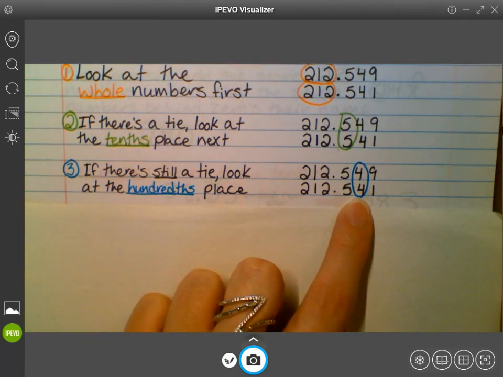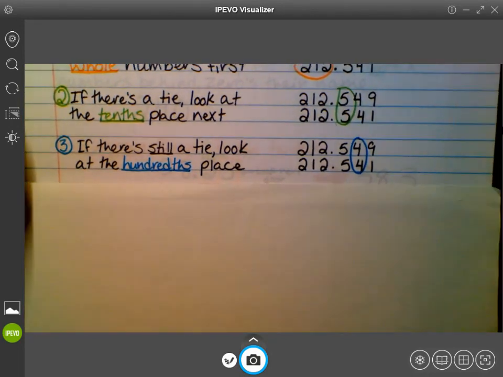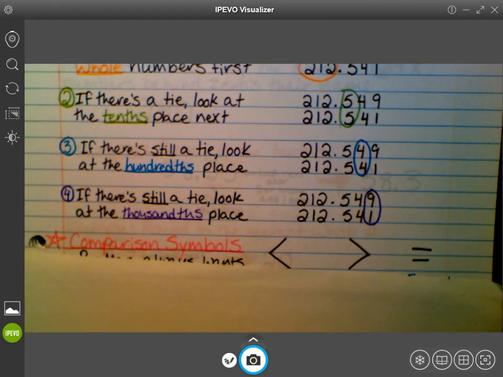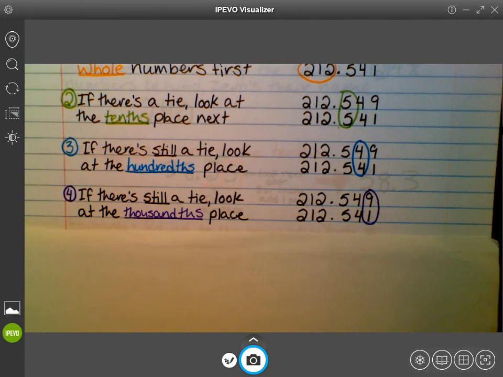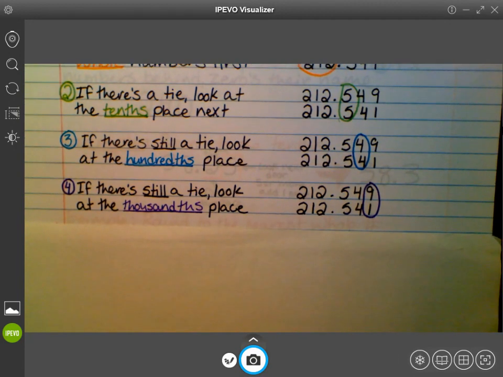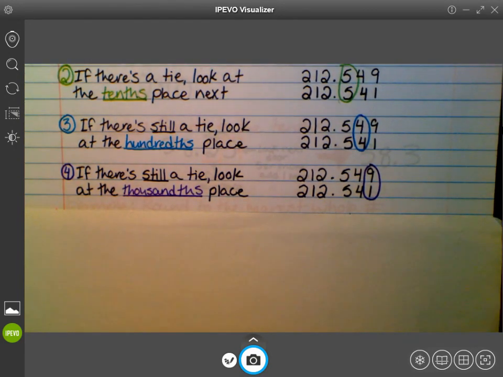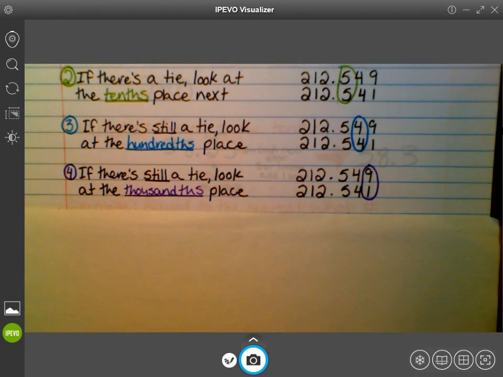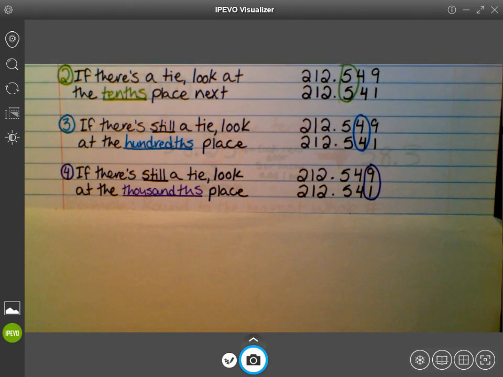So then we move on to our fourth and final step, which is if there's still a tie, look at the thousandths place. So I'm rewriting those two numbers again, and we are circling the thousandths place. And I notice I underline "still" and I underline "thousandths."